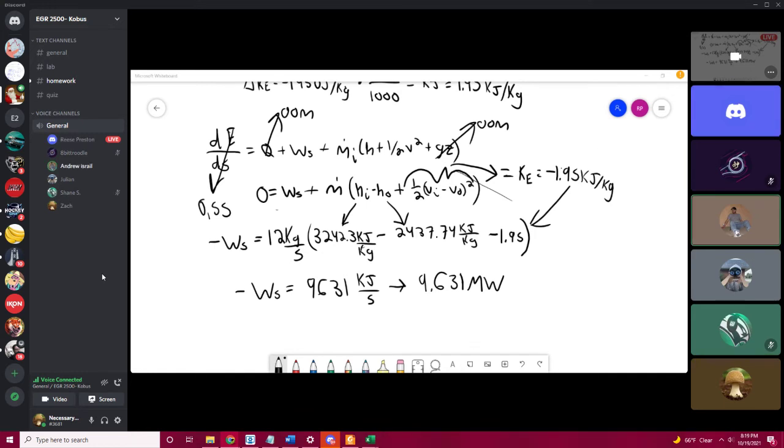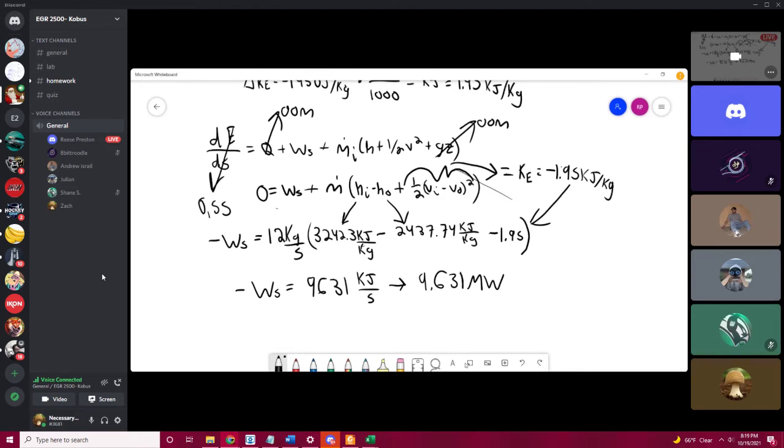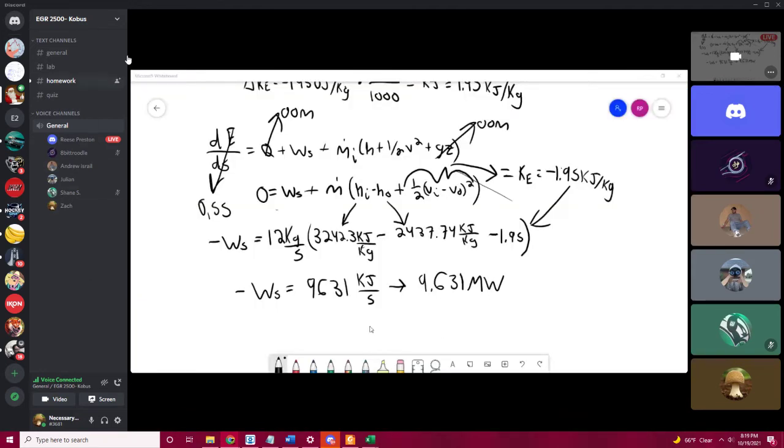Okay, there goes the saturation table. That's the first one. What did he give us? 10 megapascals. Okay, so let me find that table because this one goes all the way to 50 megapascals.